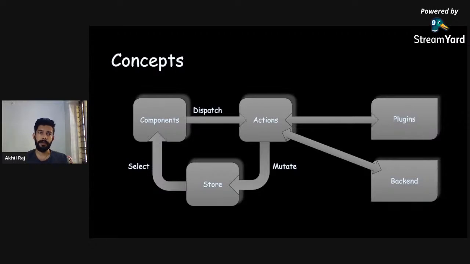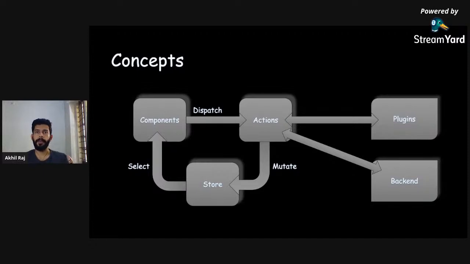And when we are updating that data, the select function will call the current data and return it back to the component. So select will read the data from the store, as sliced data. When the store is holding multiple data, we can use select to slice the data from the store, so we can easily read that data in the component. We can also use external plugins and backends in that NGXS flow.